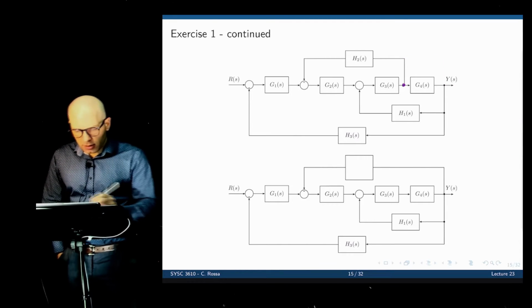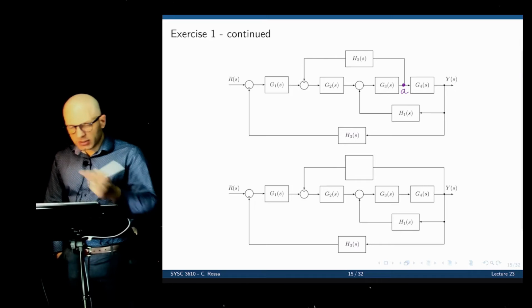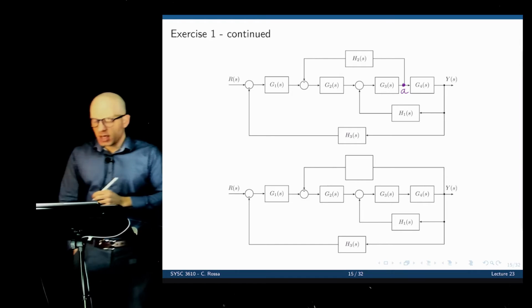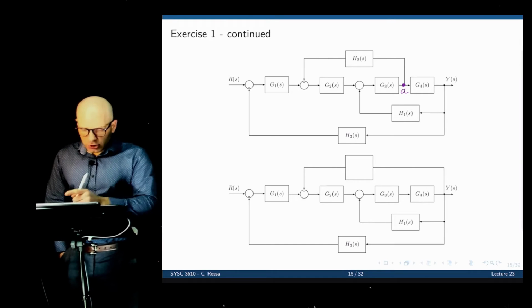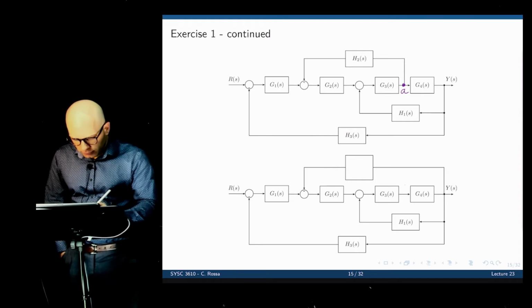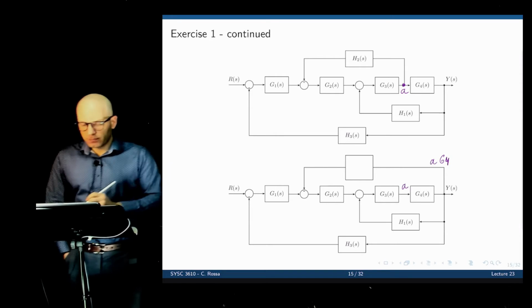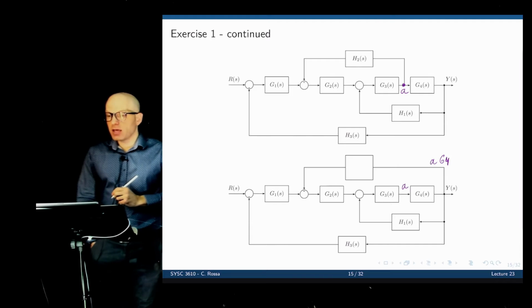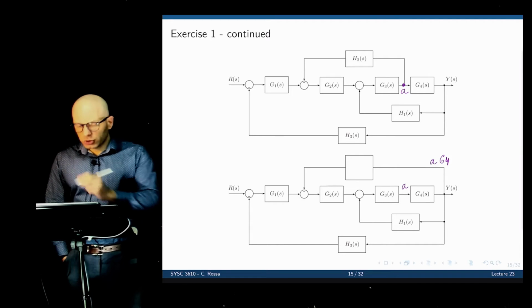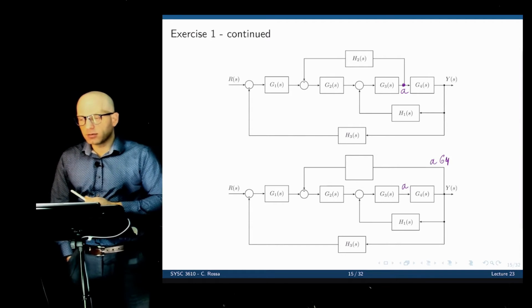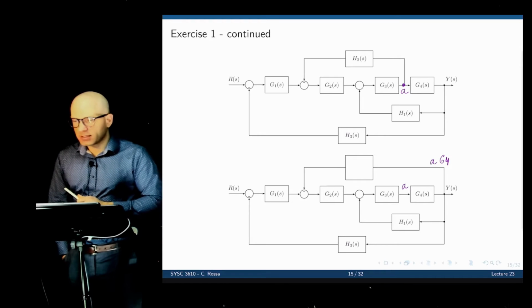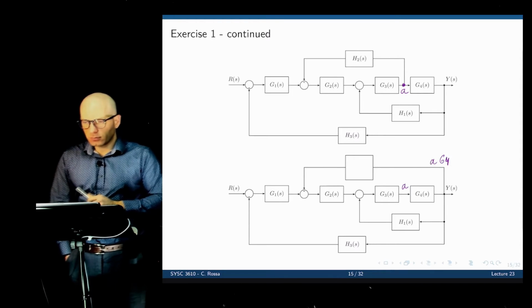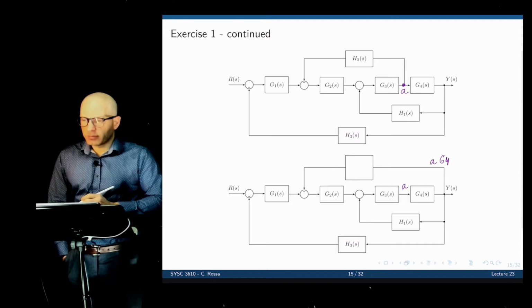So let's say this signal that we were sending to H2 was A. Now that we move the signal from A to past G4, we are actually sending A times G4. So we changed the signal, it went from A to A times G4. What should we do to that signal to make it remain the same? Divided by G4. Exactly.